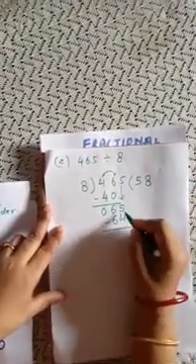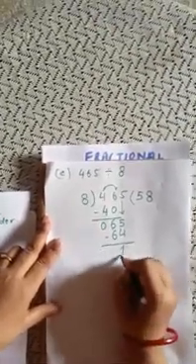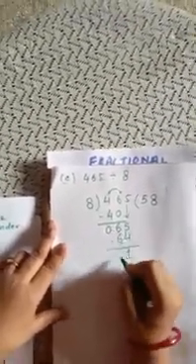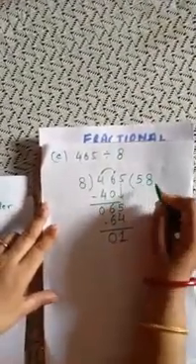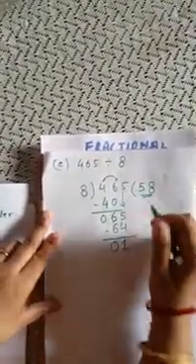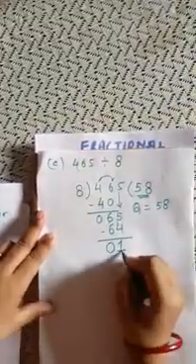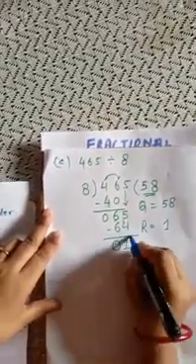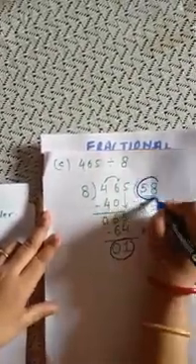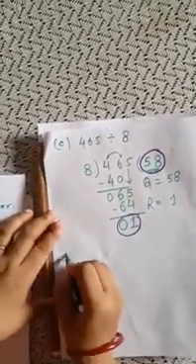Now we subtract 65 minus 64. 5 minus 4 is 1. And 6 minus 6 is 0. Right? Now 58. What is this? 58 is quotient. Quotient is 58 and remainder is 1. This is the remainder and this is the quotient. Right, children?